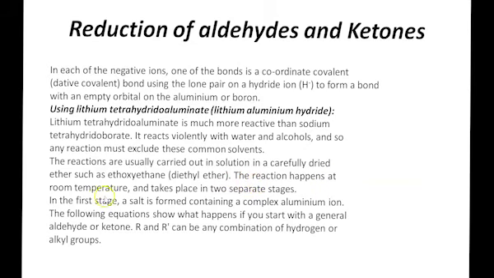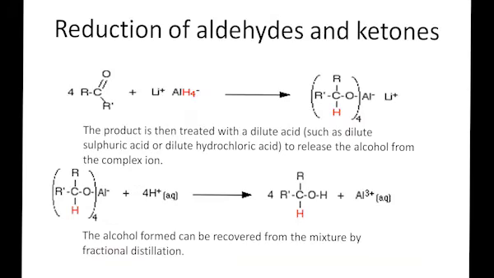The reaction happens at room temperature and takes place in two separate stages. In the first stage, a salt is formed containing a complex aluminum ion. The following equation shows what happens if you start with a general aldehyde or ketone. R and R dash can be any combination of hydrogen or alkyl group.